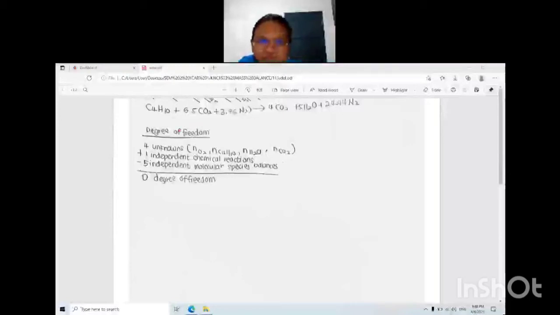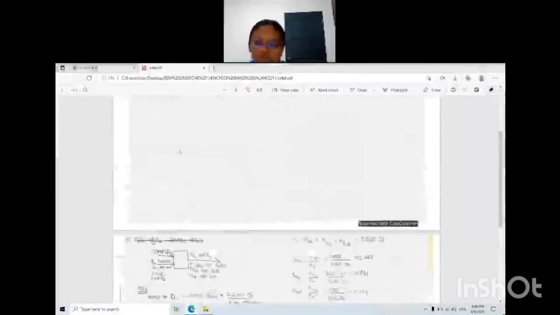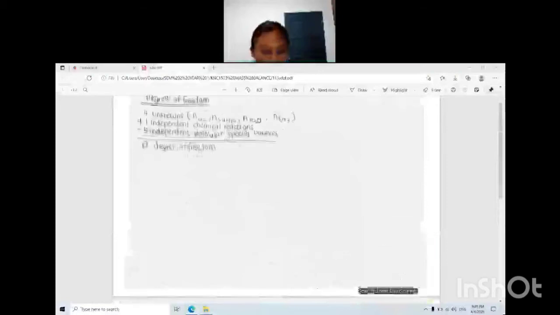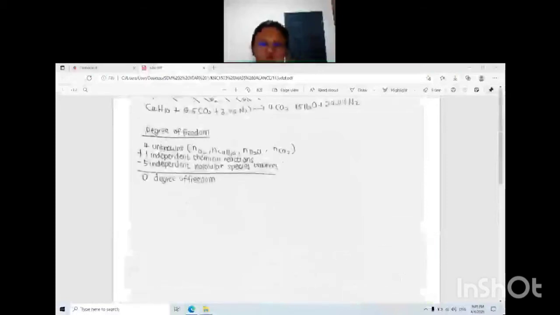And then for the degree of freedom, for the atomic species balance method, we also have to make a flowchart, same as Yong-Sun, but the degree of freedom analysis is not the same. So for the atomic species balance method, the degree of freedom analysis is like this. For unknowns, number of moles of oxygen, number of moles of butane, number of moles of water and number of moles of carbon dioxide.